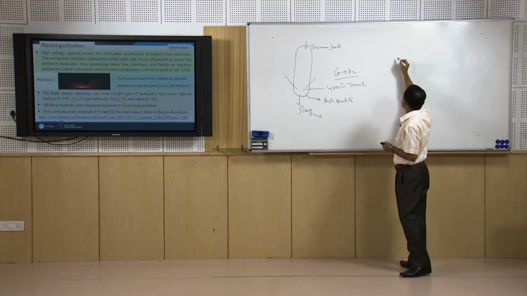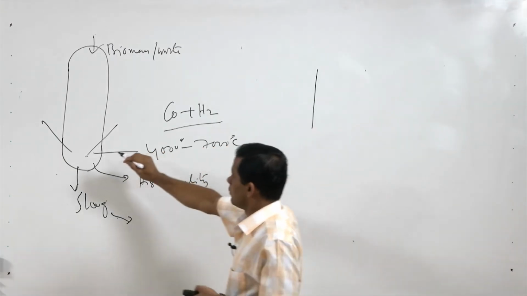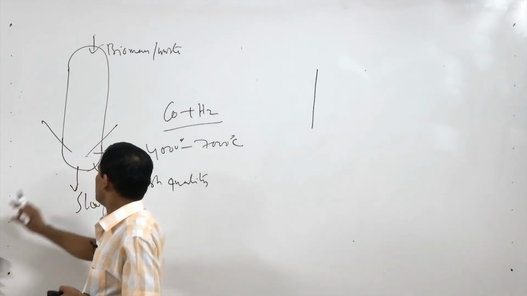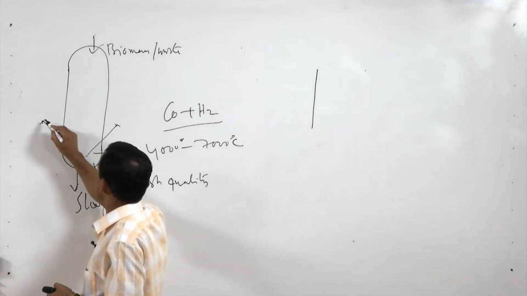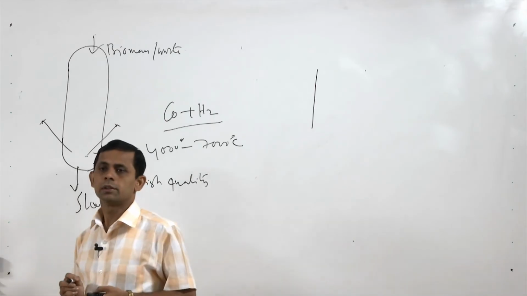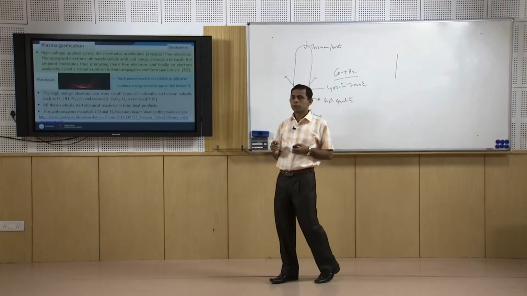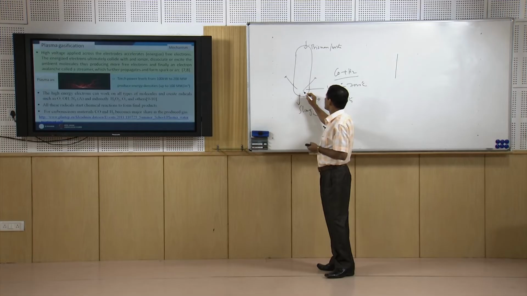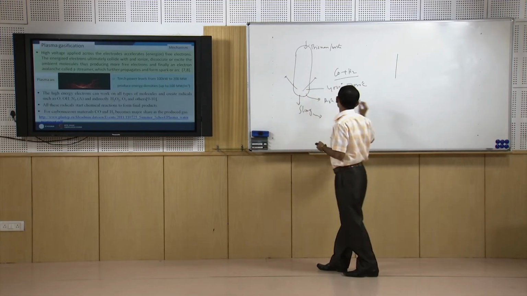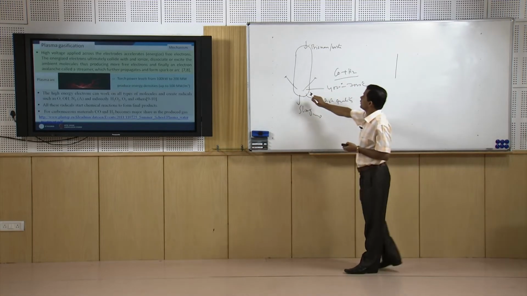We need to provide high temperature by the application of high voltage across two electrodes, and these two electrodes, when under high voltage, will accelerate the velocity of the electrons generated here.